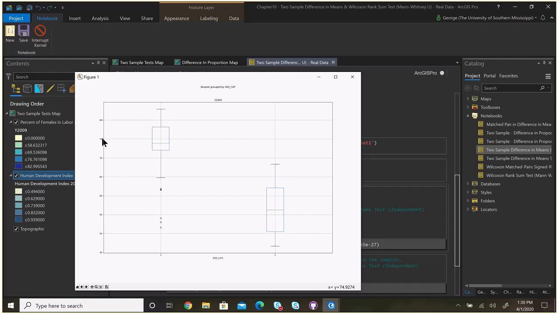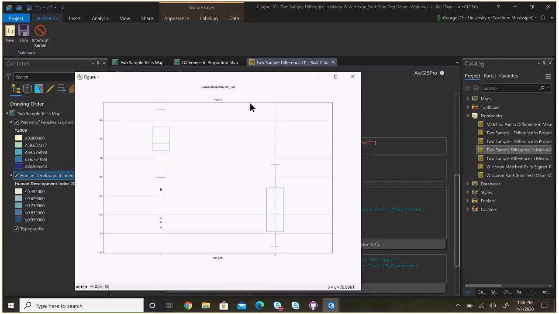And on this axis is the percentage of females in the labor force. Remember what a box plot shows. It shows the median, and then it shows the 25th percentile and close to the very end, and then these are outliers.